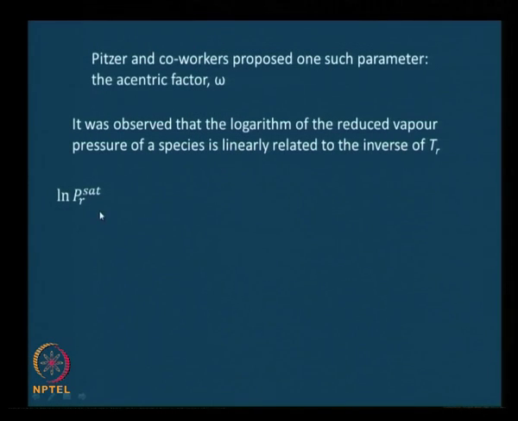Or in other words, the logarithm of the reduced vapor pressure, PR sat, saturated pressure is the vapor pressure that we are talking about, is a constant times 1 by Tr. It is linearly related to the inverse of the reduced temperature. We will call this equation 317.